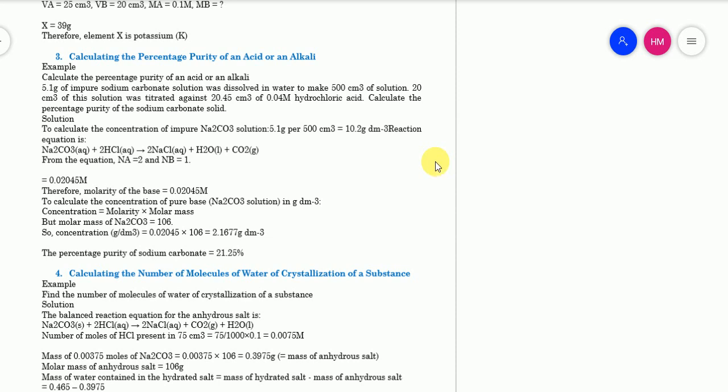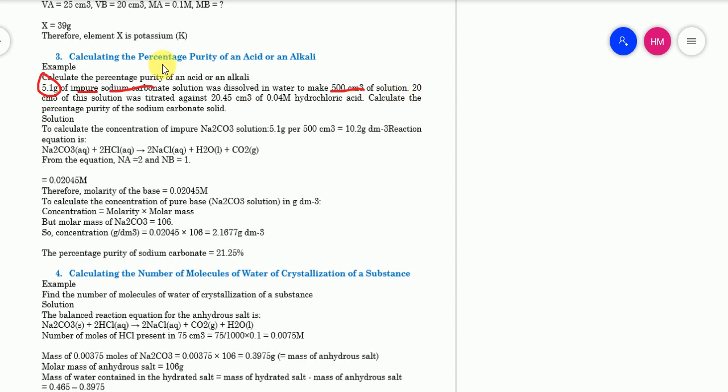Now we have this example. Calculate the percentage purity of an acid or alkali. In this example, we have 5.1 grams of impure. Kwa ukishaona swala percentage purity, ukaona nimekuandikia impure, that means this is the mass of impure sodium carbonate, which was dissolved in water to make 500 cm cube of solution.